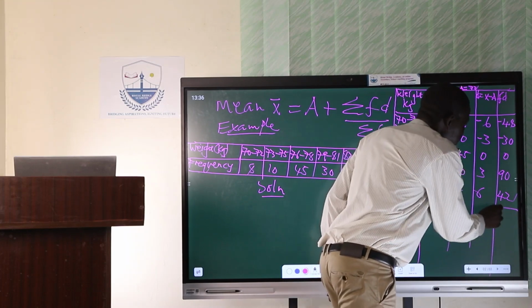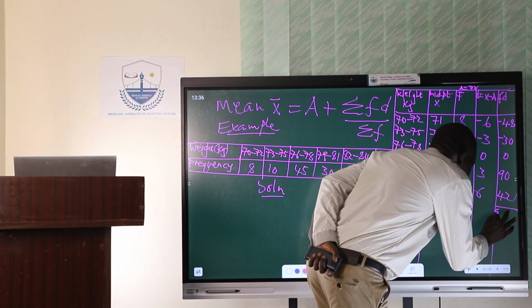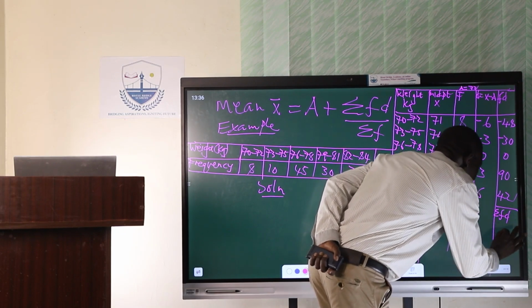After that, we now get the total of FD, which is represented by summation FD.